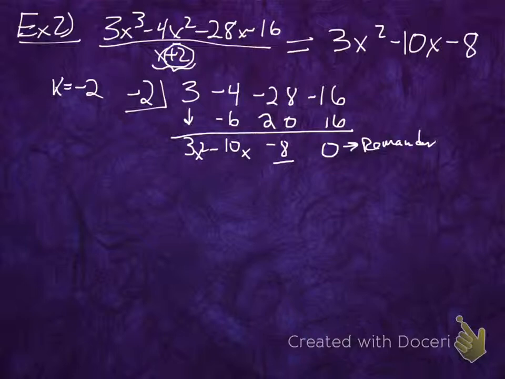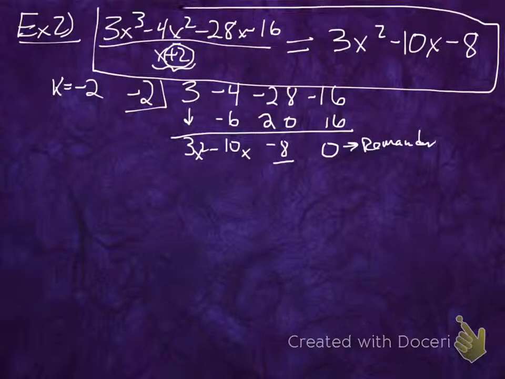Now, what's more than that, guys, is I can rewrite this big equation. I divided this polynomial by this divisor, and I got exactly that polynomial.